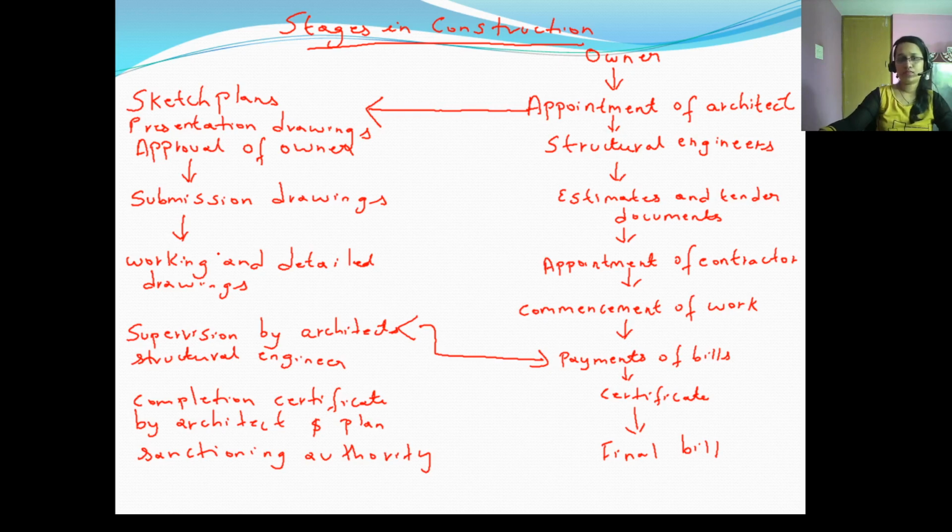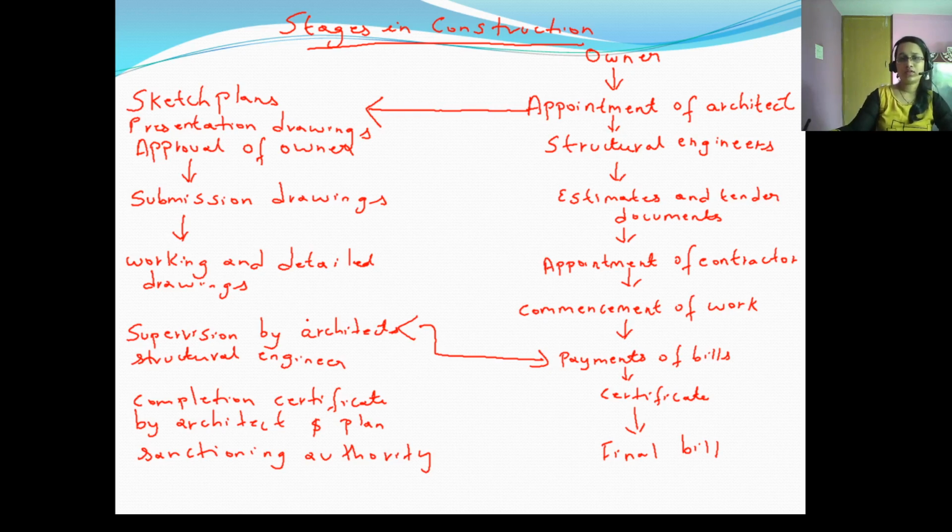Then supervision by architects and structural engineers should be done on the site, whatever work is going on. Whether quality is maintained, whether they are putting proper steel in the RCC and the required number of steel bars, all that the structural engineer will look into.